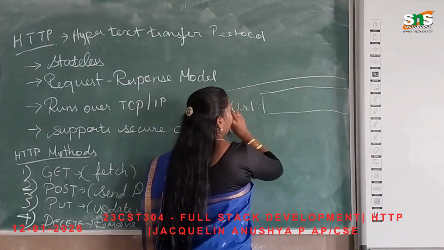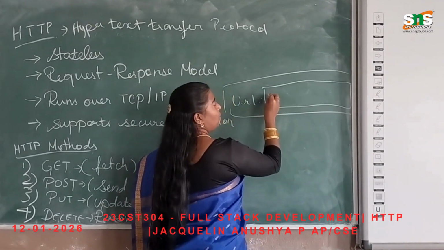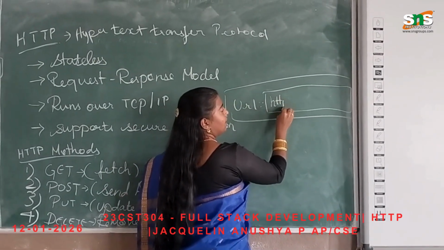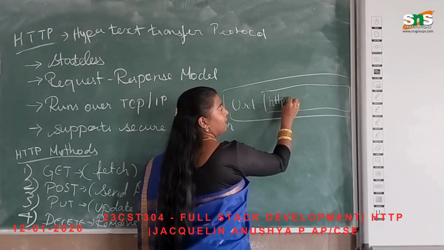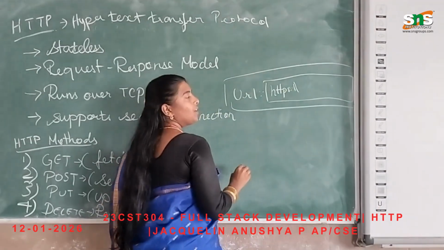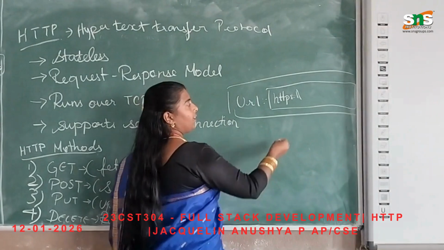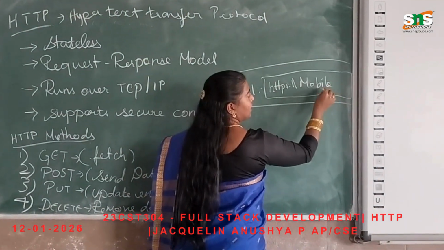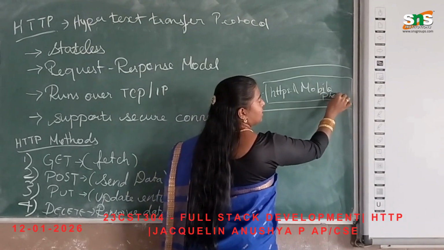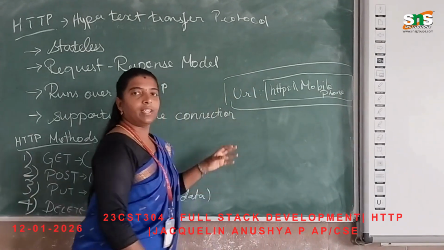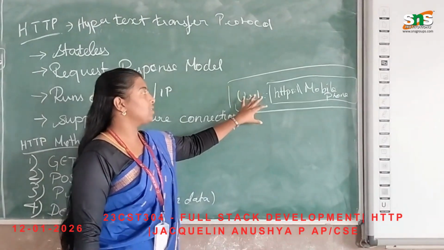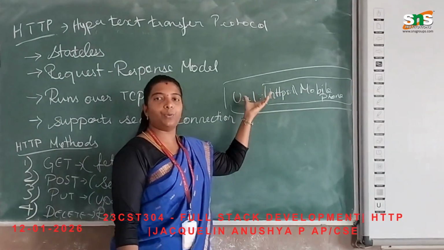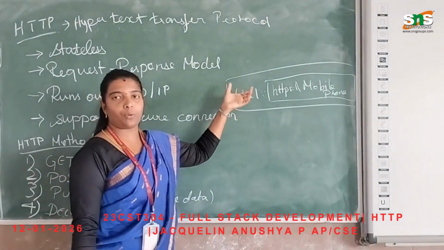When you open a system, it will start with HTTP or HTTPS. Over that you can give any search. As in the last class, I am giving the search as the same mobile phone. Everything that happens here, we give in this URL, the Uniform Resource Locator.